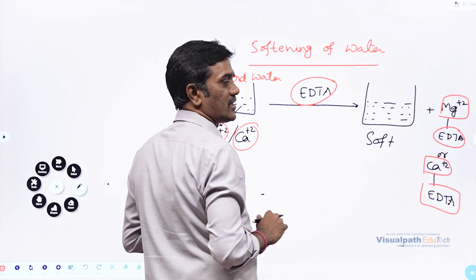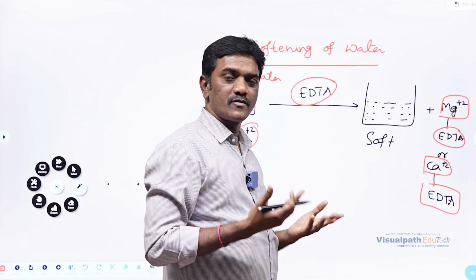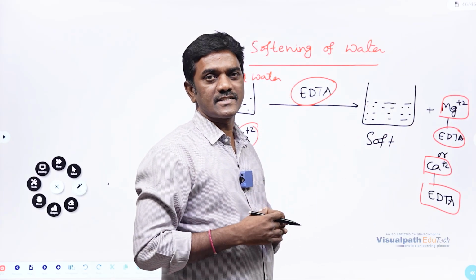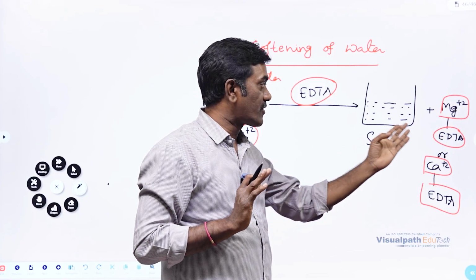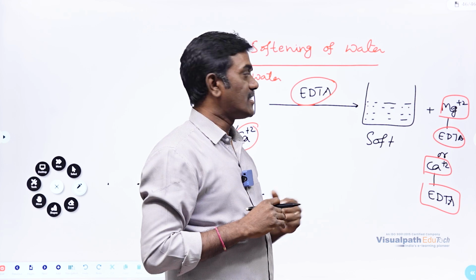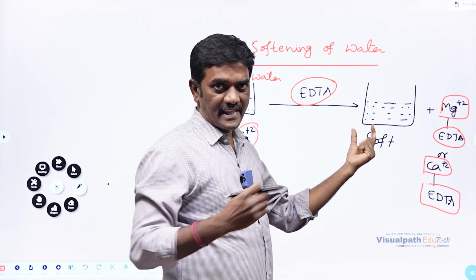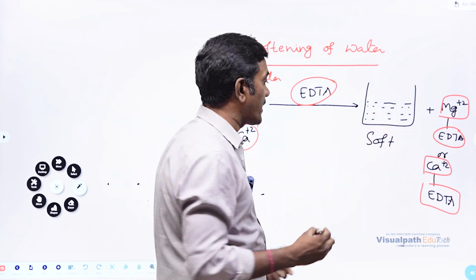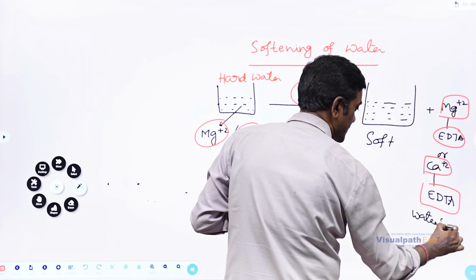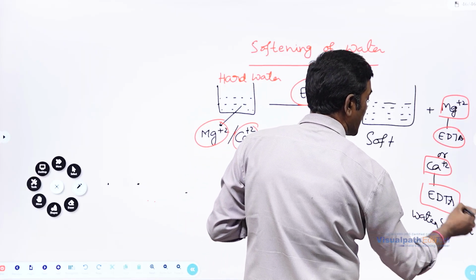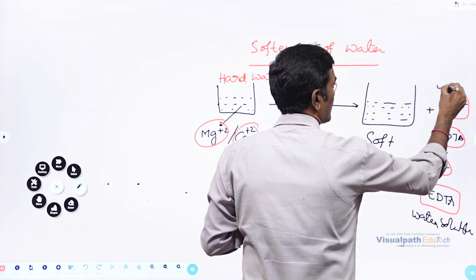Now the calcium is not free to react with anything else. So we are free from that calcium and magnesium because our EDTA is taking the calcium and magnesium and forming a water soluble salt. This is water soluble and is not going to react with anything more in our bodies.